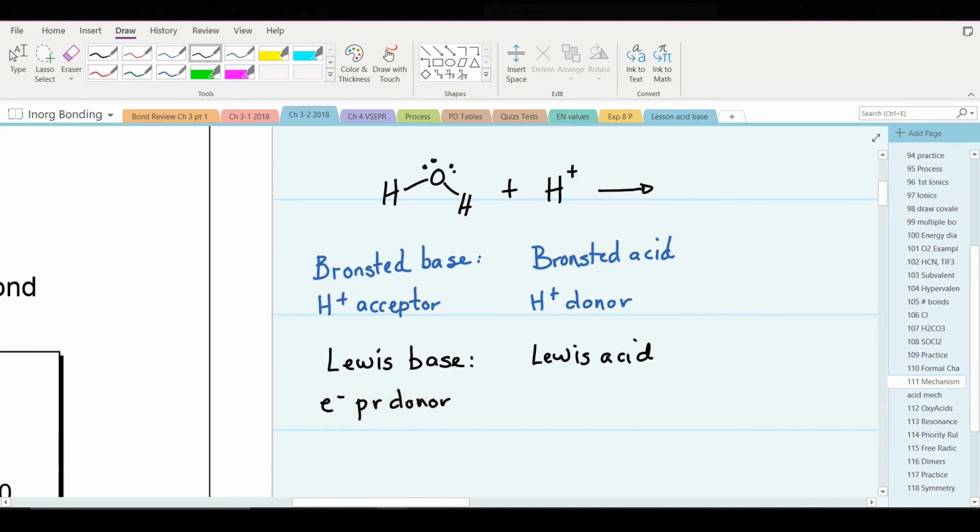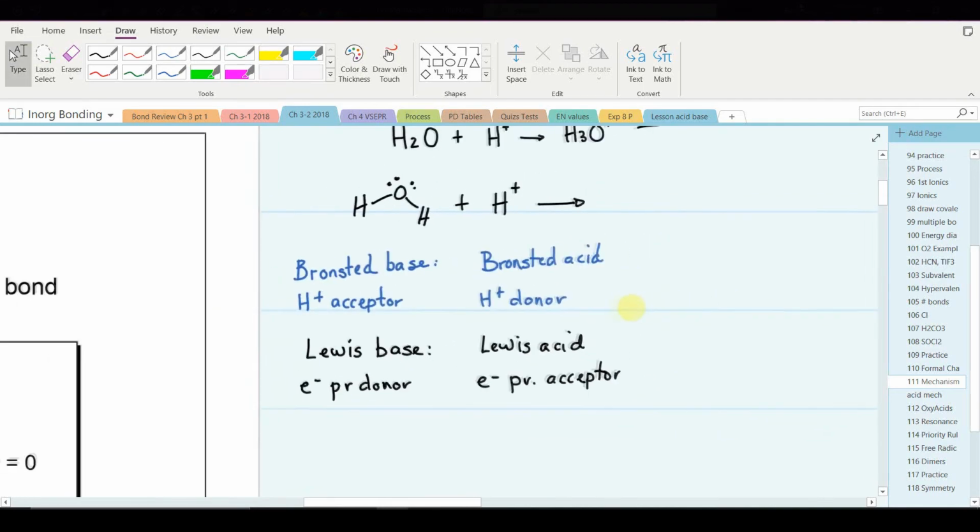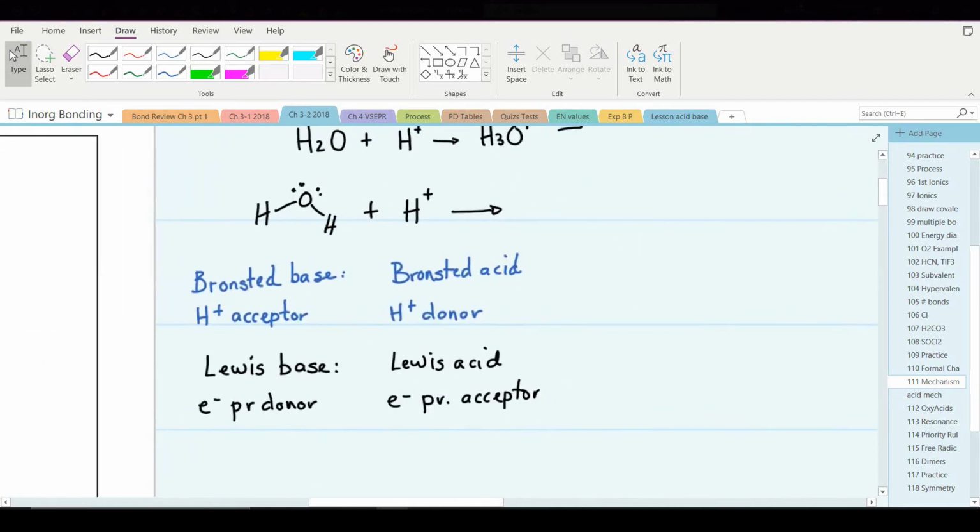And a Lewis acid is an electron pair acceptor. So take a look at the mechanism for this reaction. When this Lewis base, water, bonds with hydrogen ion, it does so by donating or using its pair of electrons to form a bond to the H+.